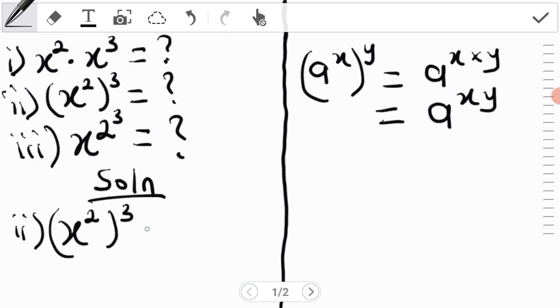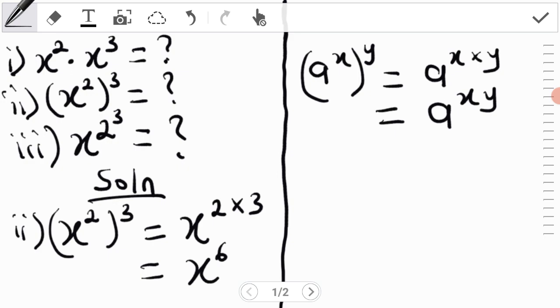So if we translate that onto this, it will be x raised to the power 2 times 3, right? And this gives us x raised to the power 6. That is your final answer.